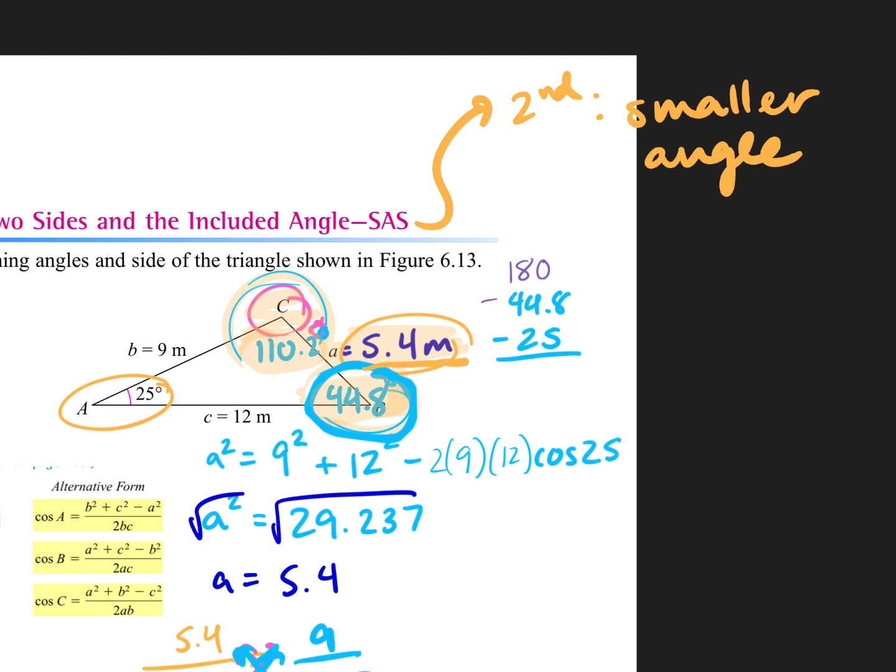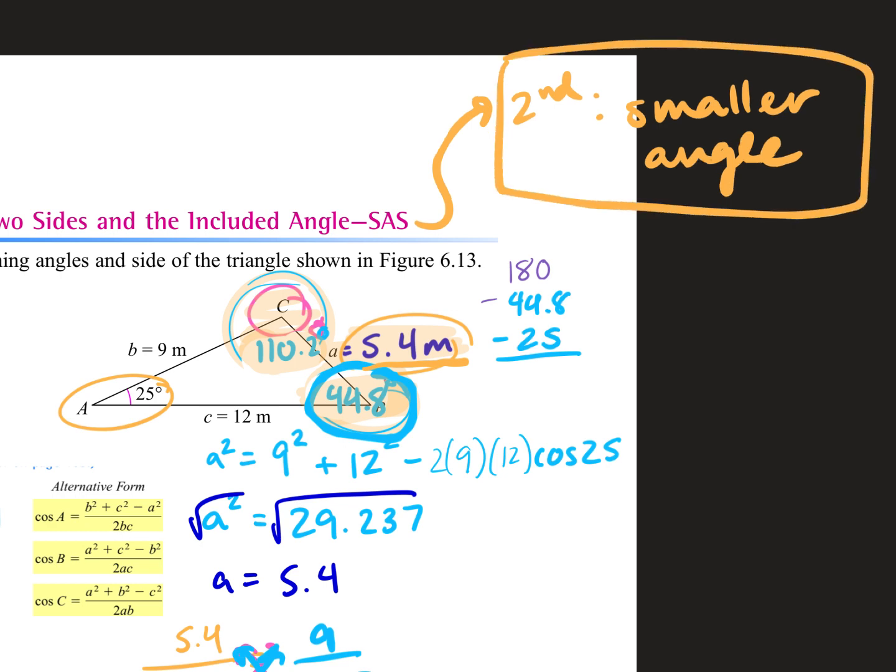How did we know which angle is going to be smaller, angle B or angle C? B, because side B is smaller than side C, so it's going to be smaller than angle C. So the second thing we want to find is the smaller angle.